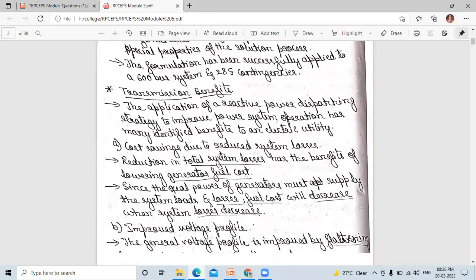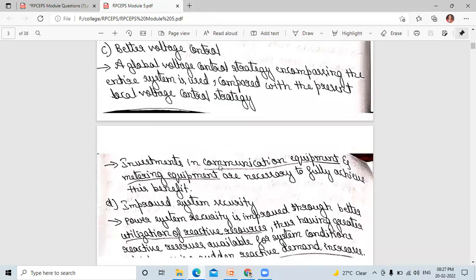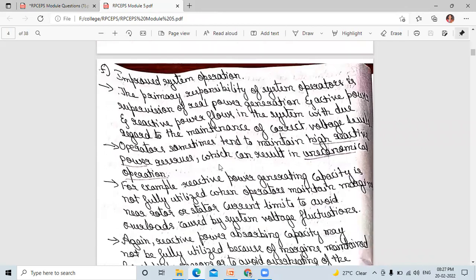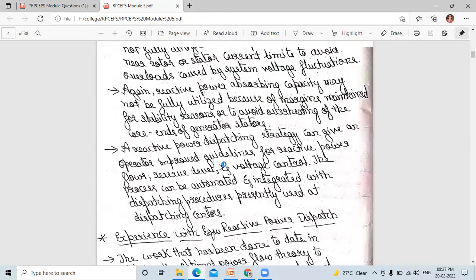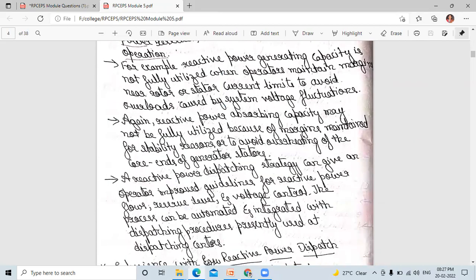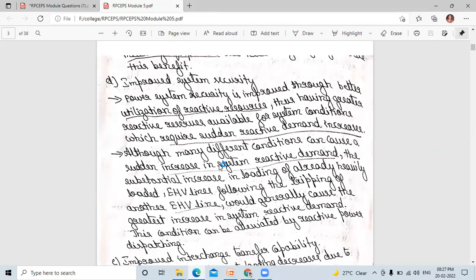This is the transmission benefits. You have transmission benefits. So till F, there are points. 6 points are there. You need to write related to that particular point.